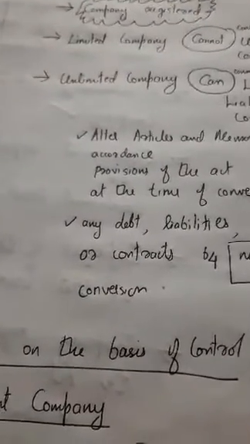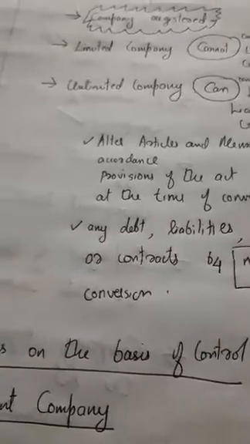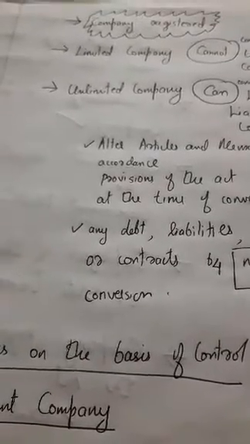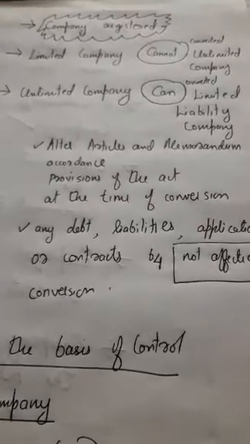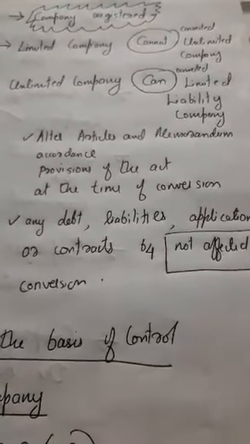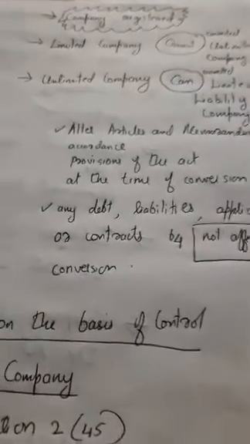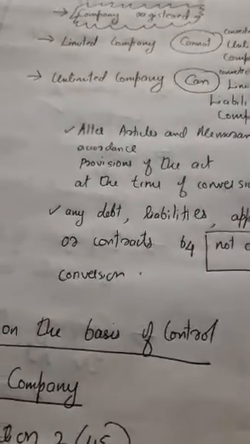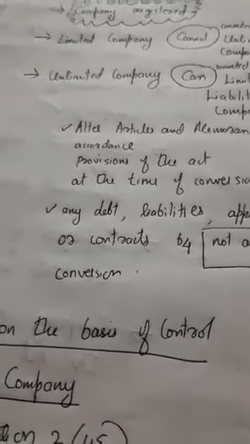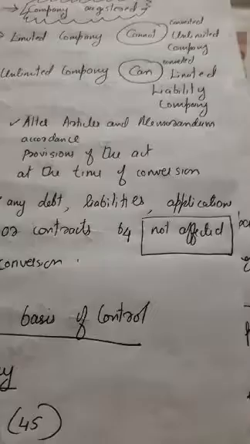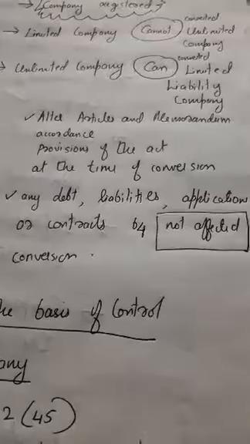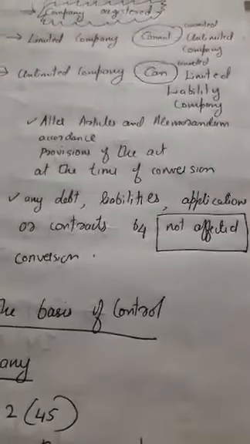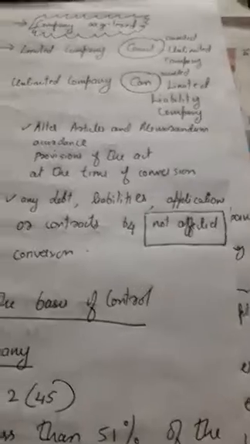A company registered as XYZ Limited or XYZ Public Limited cannot be converted to an unlimited company. On the other hand, a company which is incorporated or registered as an unlimited company can be converted to a limited liability company. There is no problem in converting an unlimited company to a limited liability company, but a limited company cannot be converted to an unlimited company.